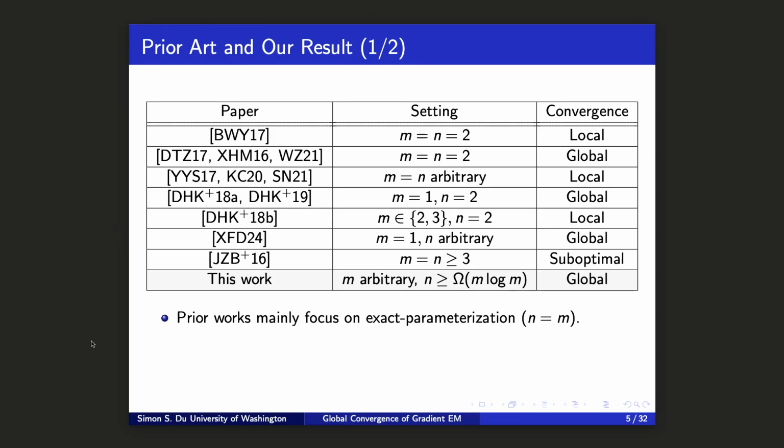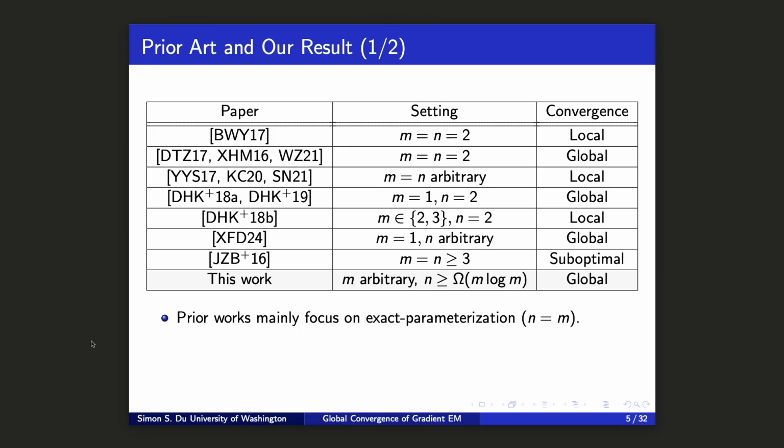They show a negative result about exact parameterization when the ground truth has 3 Gaussians or more. They construct examples showing that if the ground truth has 3 Gaussians, and your model also has, say, 3 Gaussians, and you do random initialization, then you'll get stuck at some local minimum.